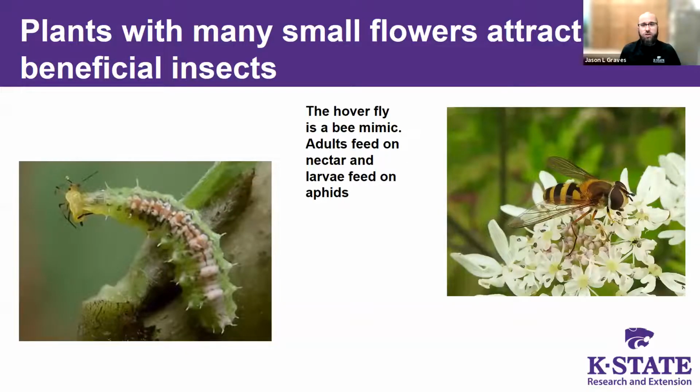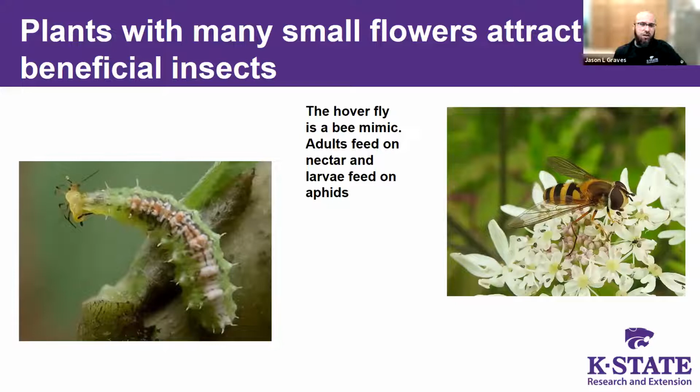Plants with many small flowers also attract beneficial insects. Like we said, those goldenrods, Joe Pye weeds, some of these plants that flower in that form tend to attract a lot of our beneficials as well, such as this hoverfly, which as an adult is a pollinator, but as a larva is a voracious aphid eater.